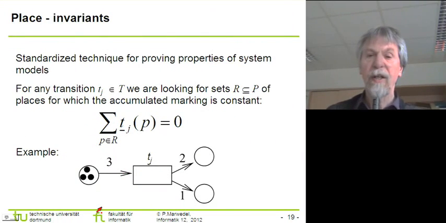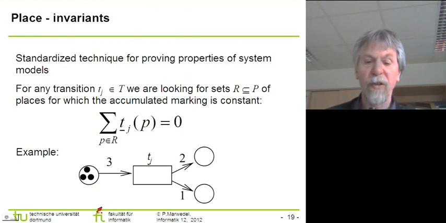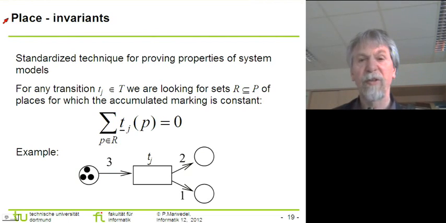Okay, next I'd like to describe one particular way of using such Petri net models. I'm looking at so-called place invariants. These place invariants provide us with a very much standardized way of proving certain properties of our net models.